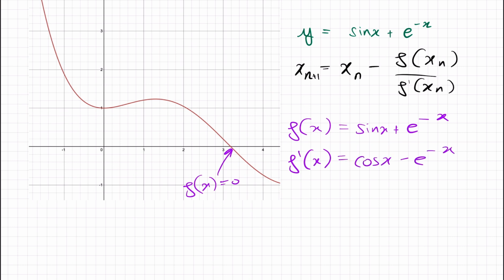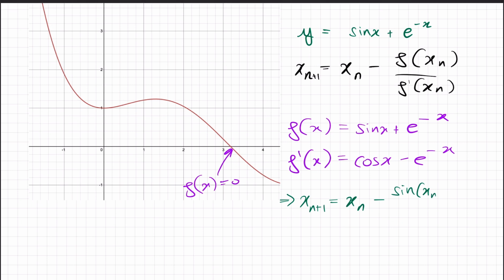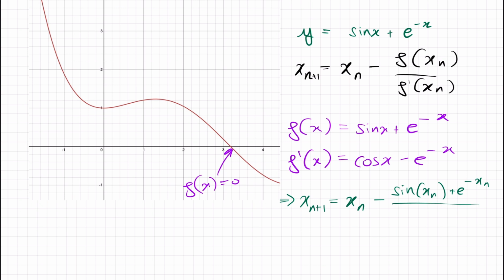And then let's make my iterative formula. So x of n plus 1 is equal to x of n minus sine of x of n plus e to the minus x of n all over cos of x of n minus e to the minus x of n.